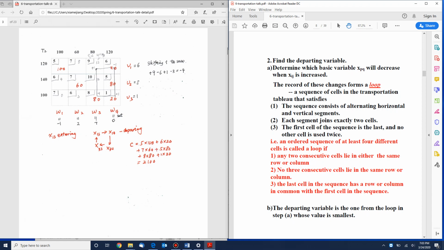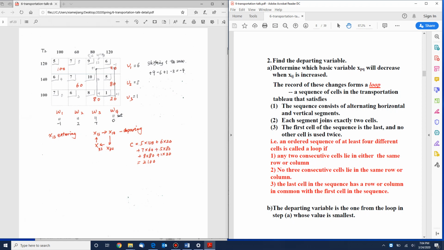Right? Now, if we work on how much we can save if we shift 1 unit, just that when we have one more in cell 13, that means it costs us $9, and then reduce 1, minus $6, plus 1, plus $1, and minus 8, minus $8.